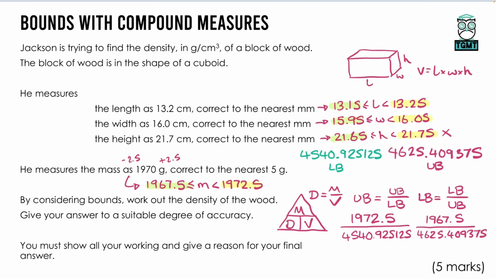So for the first one, 1972.5 over that volume there, and that gives us 0.434382, and there are more decimals, but I'm going to stop there, and I would write down the full decimal normally, but I don't think it's going to go beyond this many decimal places, so I'm taking a bit of a gamble here because I'm now going to type the other one in, which is 1967.5 over 4625.409375.